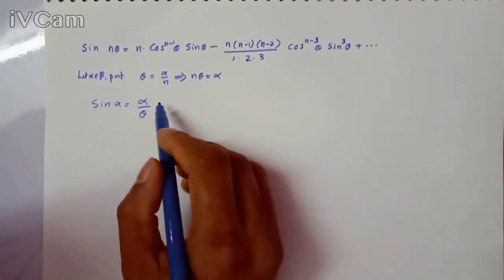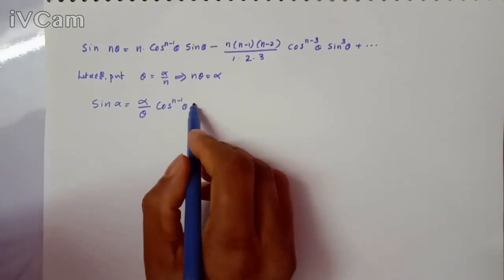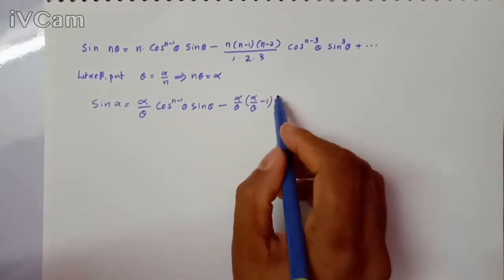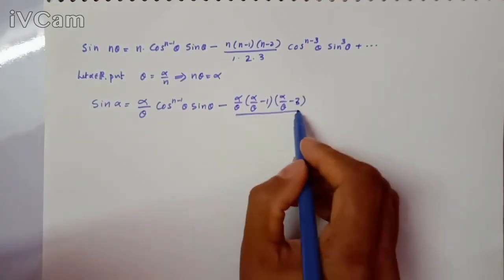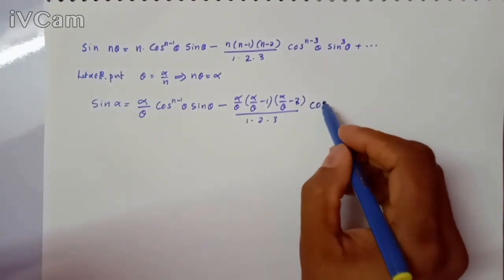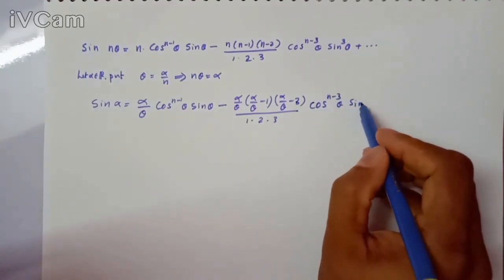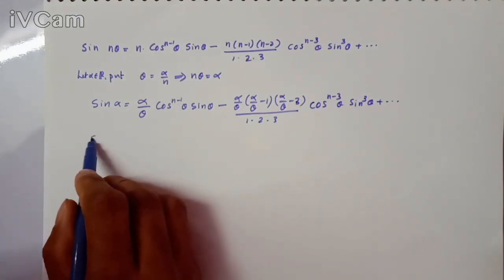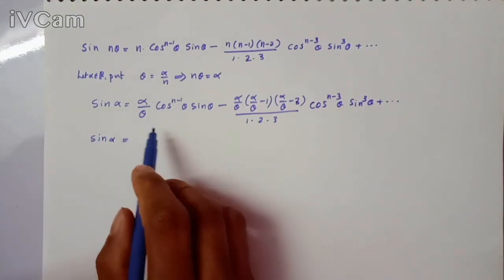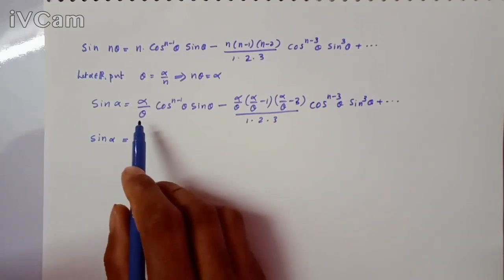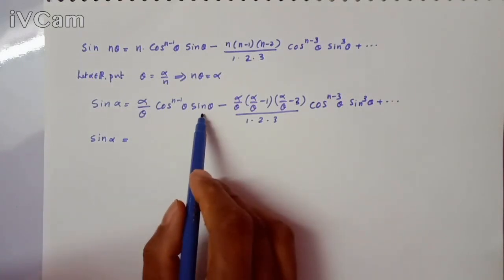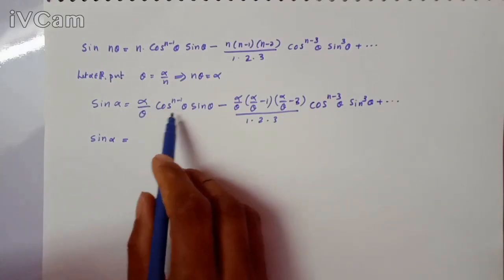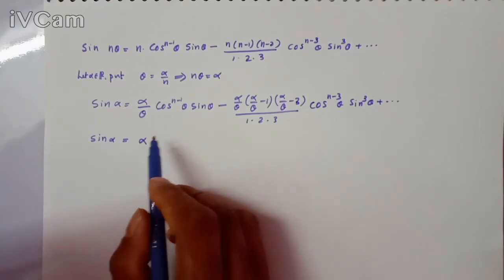Alpha by theta, cos n minus 1 theta sin theta minus alpha by theta times alpha by theta minus 1 times alpha by theta minus 3 divided by 1 times 2 times 3 cos n minus 3 theta sin 3 theta plus etc. Then we can get sin alpha, of course by taking limit as theta tends to 0, we can place this theta under this sin theta, then sin theta by theta will go to 1, then the remaining also tends to 1, then this will be alpha and minus.